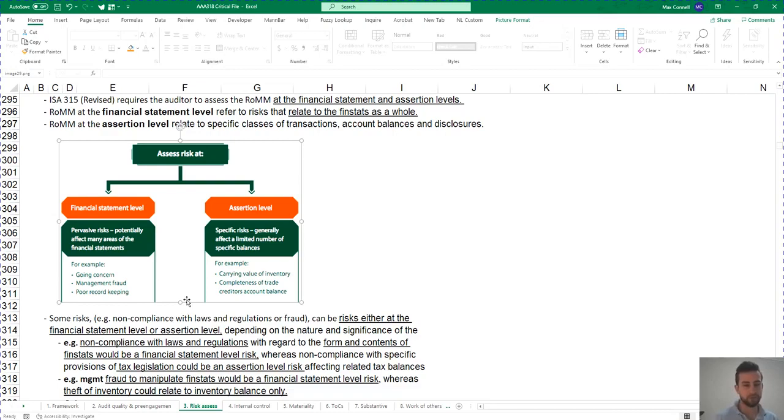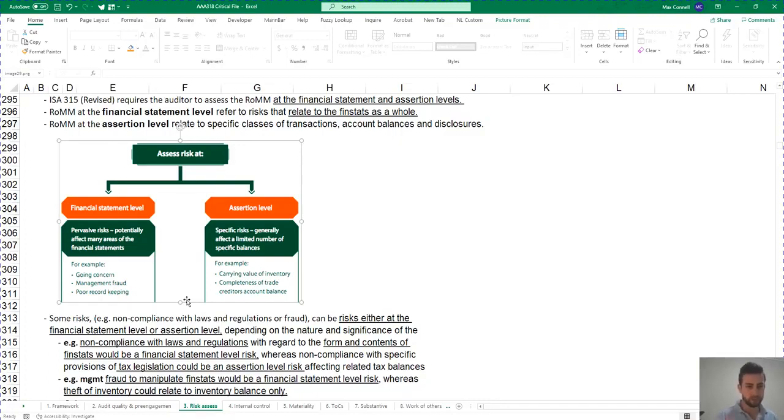This might be a going concern issue, which means the company may not be around in the medium term. There could be management fraud, which means that the whole financial statements could be wrong. Could be poor record keeping. As I mentioned before, what happens if your accounting software is actually screwing up everything and adding x2 to every single transaction? That's going to impact the whole financial statements because of double entry accounting.